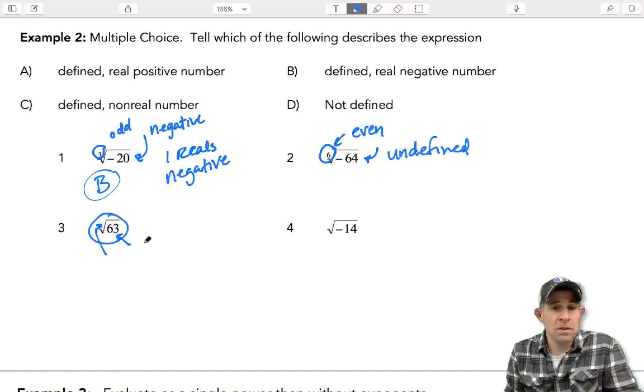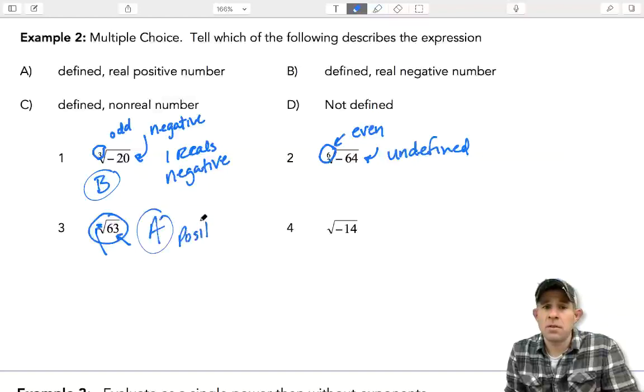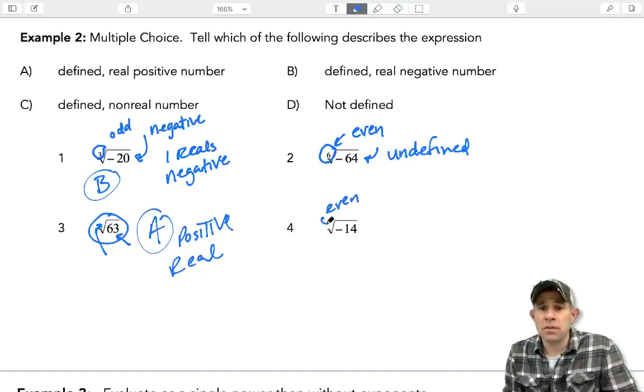When we take an even root of a positive number, we end up with a positive real number solution. So this is going to be A. It's positive, and it's a real number. And finally, we have the square root of negative 14. Again, we have an even root because it's a square root, and it's a negative number, so we say that this must be undefined as well.